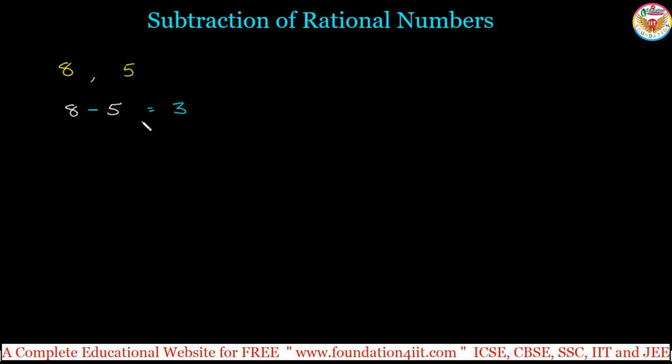Same way, even in fractions like rational numbers, we can use the same concept. For example, 5 by 6 is one rational number and 3 by 4 is another. You want to subtract 3 by 4 from 5 by 6. So it is 5 by 6 minus 3 by 4.